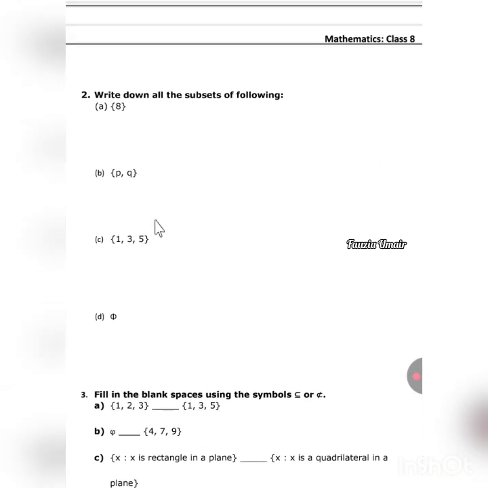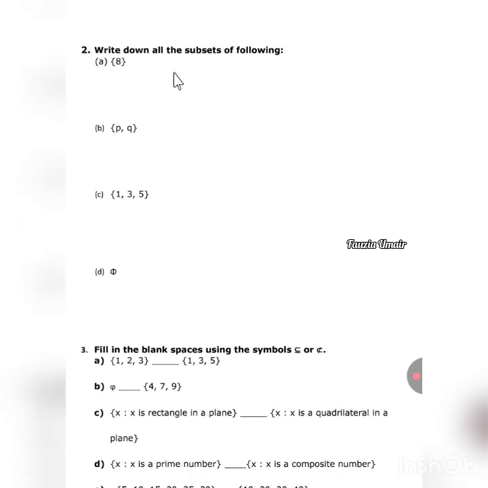All right. So the next question is that you need to write down all the subsets of these sets. Before we start this question, we need to remember the formula for how many subsets of one set are possible.